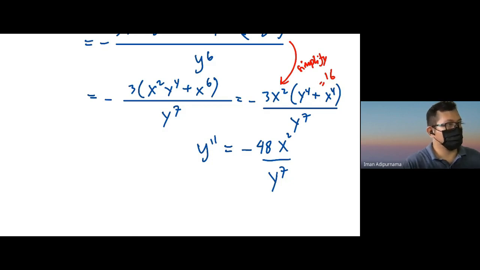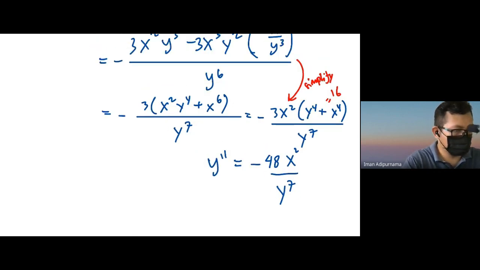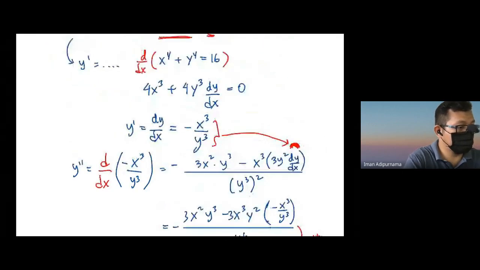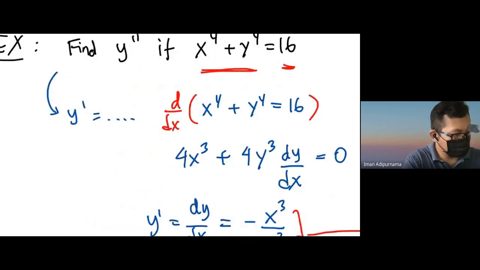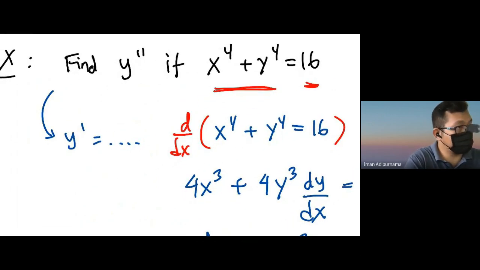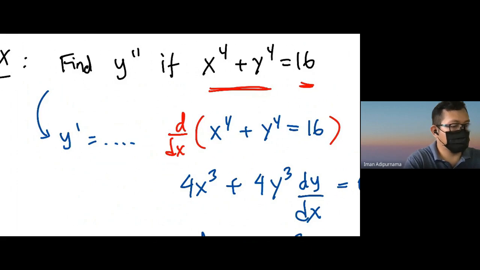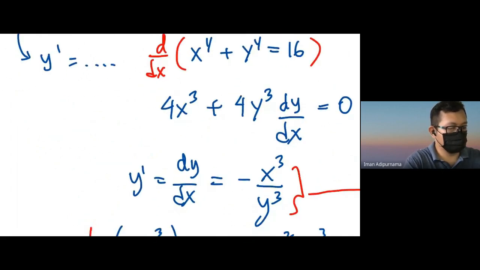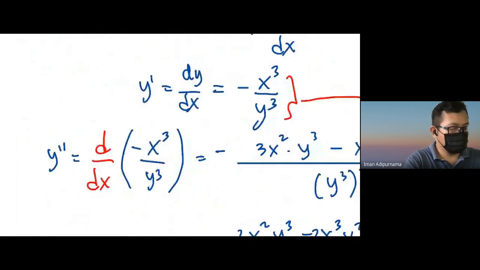Okay. Any questions? Any question from here? So basically, the idea of the second derivative for implicit differentiation is the same or similar. First, find the first derivative. Then derive it one more time, and you get this.